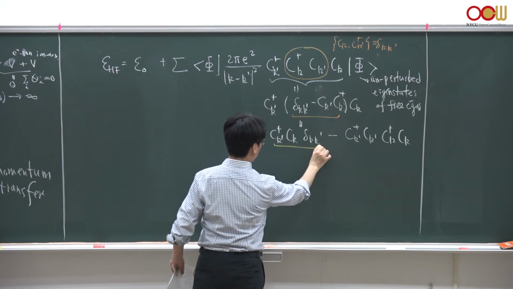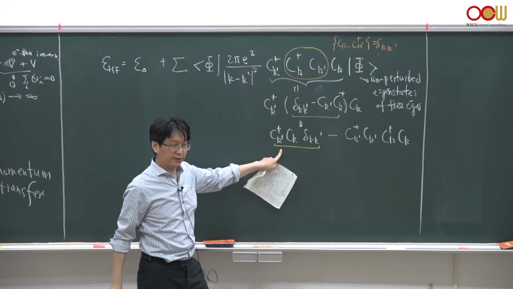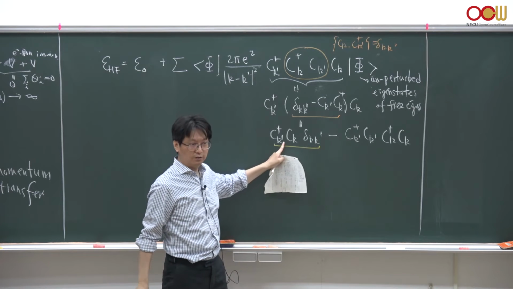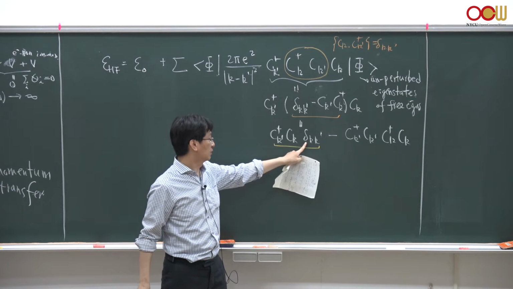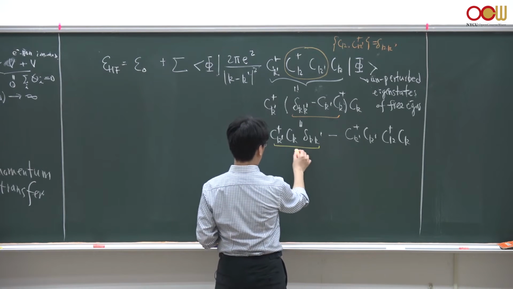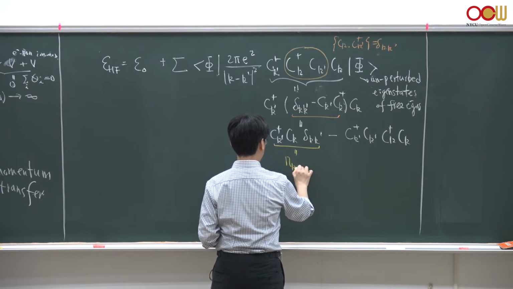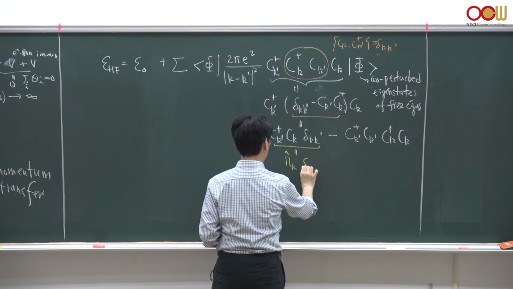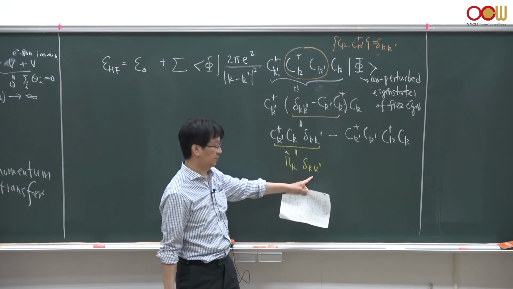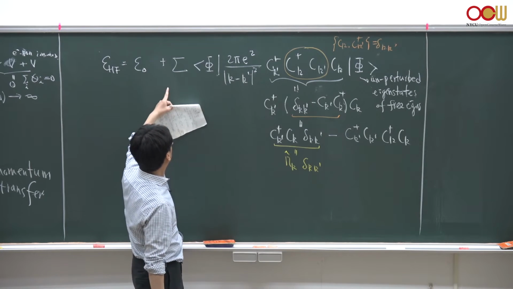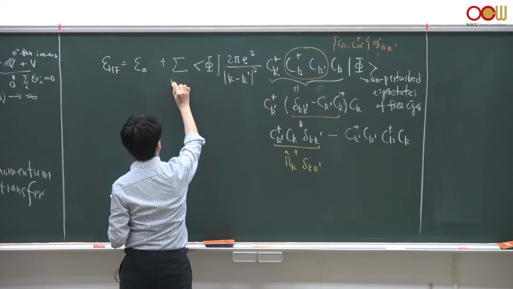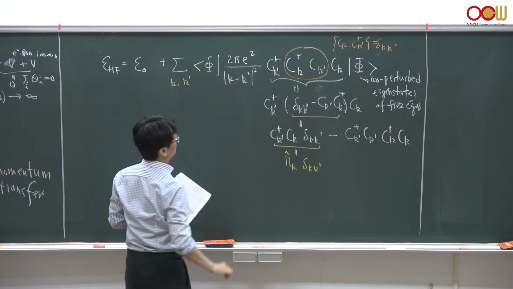Well, this is nothing but c†_K c_K, because if K is not the same as K prime you get 0, so this term survives only when K equals K prime. So therefore, you get this n_K occupation number operator times δ_KK'. Of course, this delta should survive because we haven't summed over all these indices. So we should sum over K and K prime.